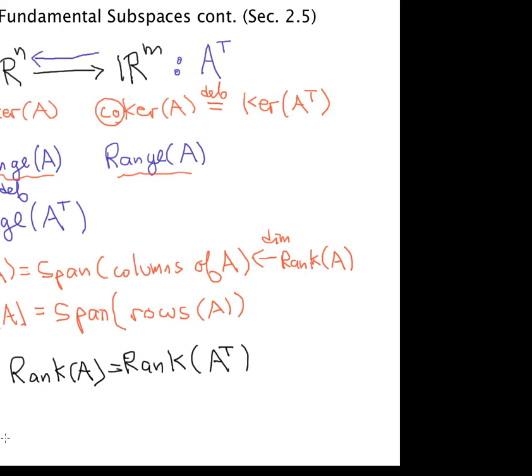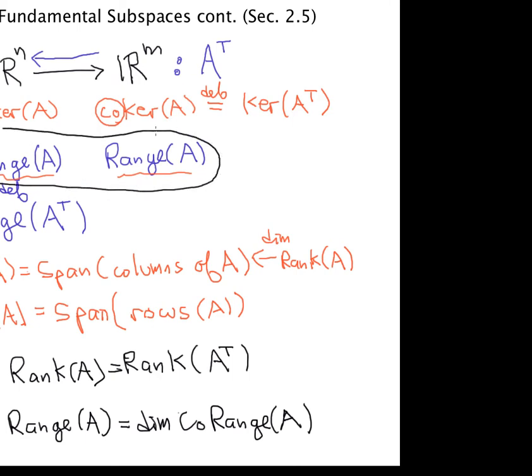Otherwise said, the dimension of the range of A is the dimension of the co-range of A. So that is to say, these two spaces, the range and the co-range, they have the same dimension.